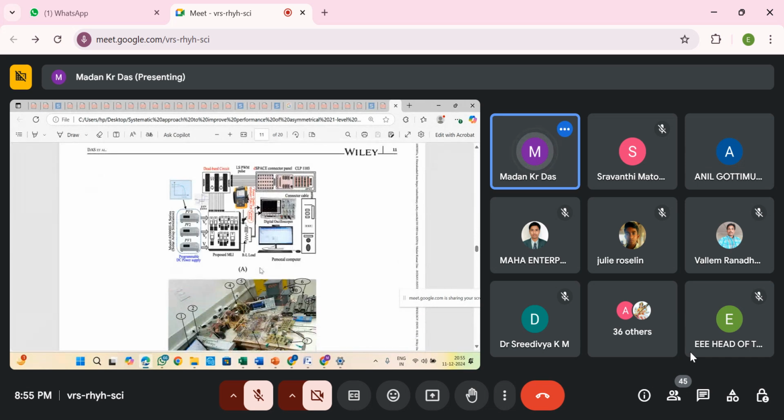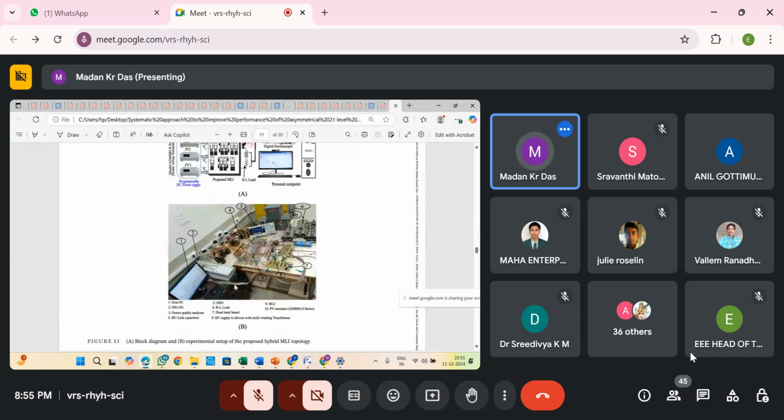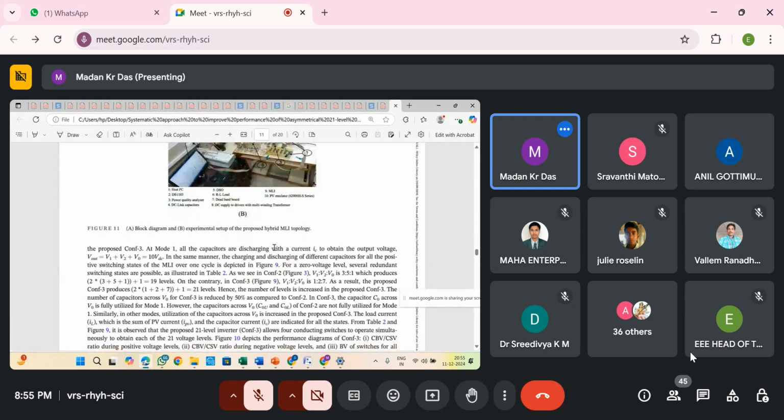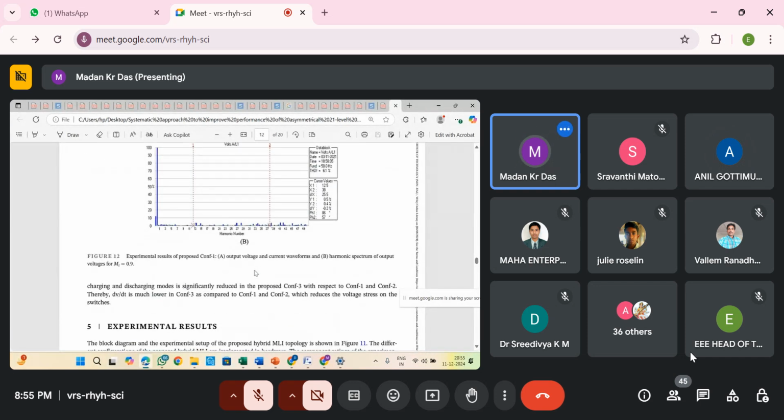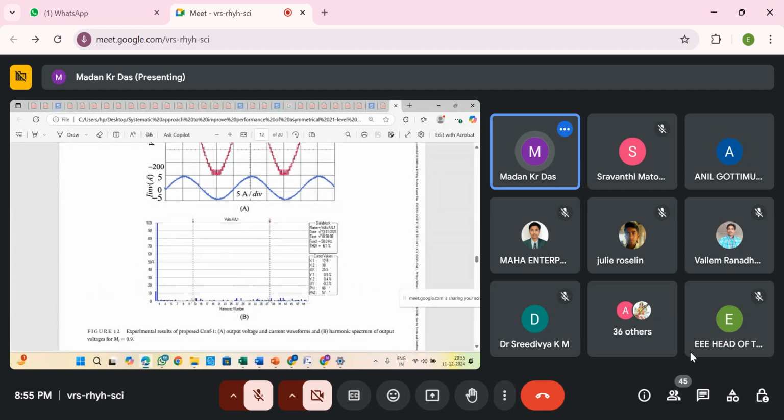This is the hardware experimental figure showing how the inverter is connected. This part is the dSPACE, this part is the inverter, this part is the load. So this is the output of the 21 level inverter, and this is the experimental result of the harmonics of the 21 level inverter.